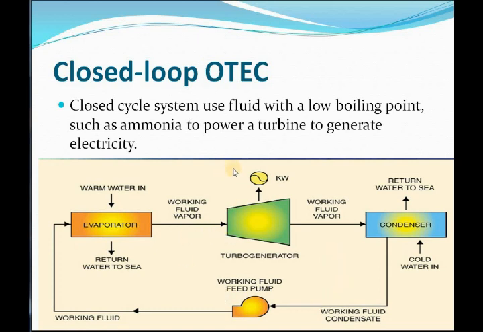So in closed loop OTEC, the working fluid you are using is used again for the next cycle of generation.